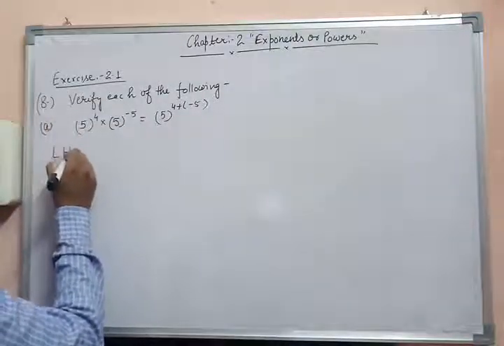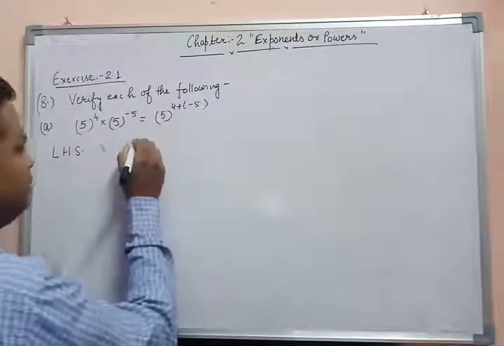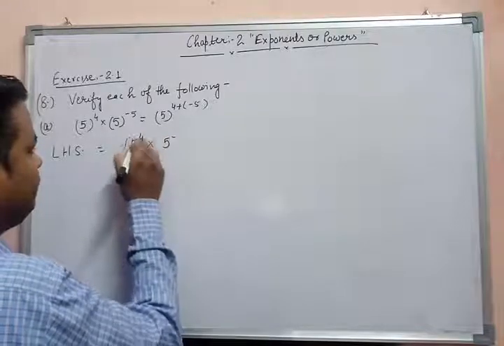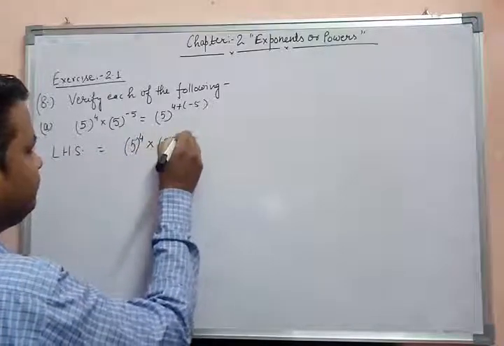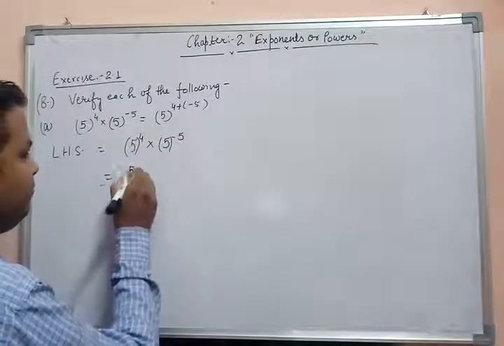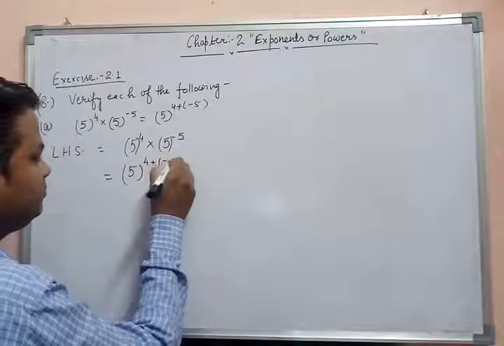From LHS we can write 5 power 4 into 5 power minus 5. Then we will get 5 power 4 plus minus 5.